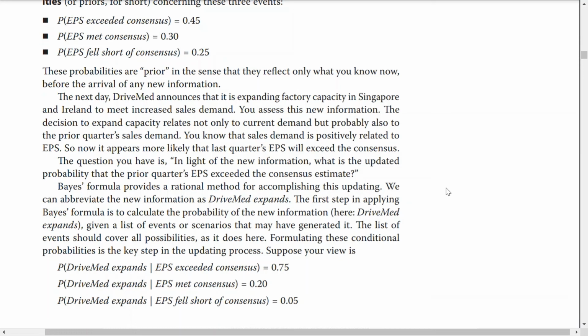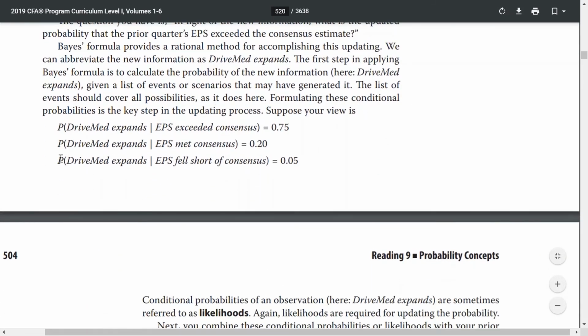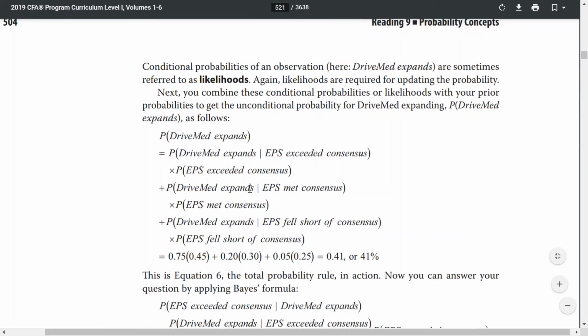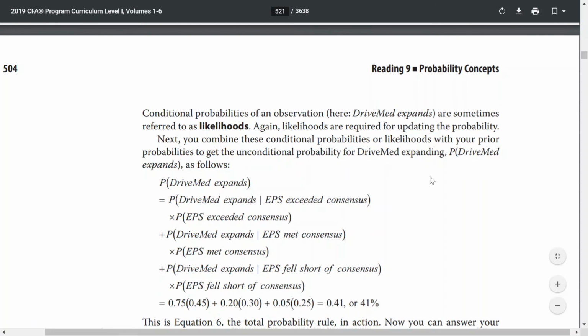The first step in applying Bayes' formula is calculating the probability of the new information, given here as follows. The conditional probabilities of an observation, here the DriveMed expansion, are sometimes referred to as likelihoods. Again, likelihoods are required for updates of the probability.